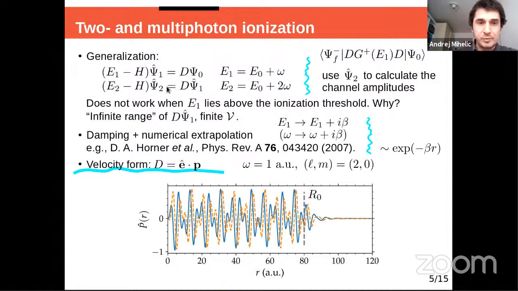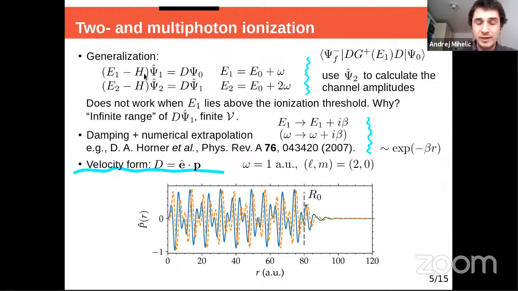Well, the problem with this approach is that it works as long as the energy in the first step lies below the ionization threshold. The reason is that as soon as we reach above the threshold, the extent of this solution becomes infinite.